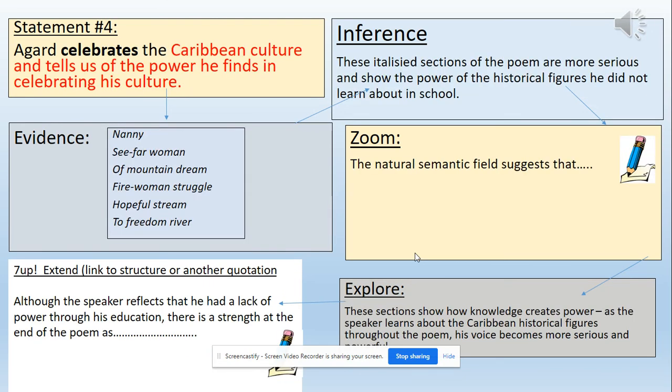And then the fourth one is a bit more help. This is also a good bit of the poem to write about, the metaphors about the really positive figures from Black history that Agard would have liked to celebrate at school. So that one is going to be easier to finish because you've got lots of help.